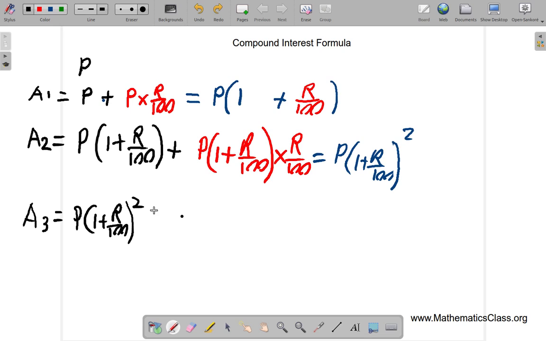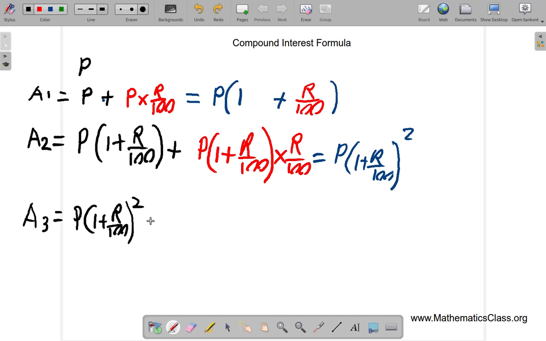Now, when you were receiving your third payment, the bank had this money in your account and they calculated the interest.